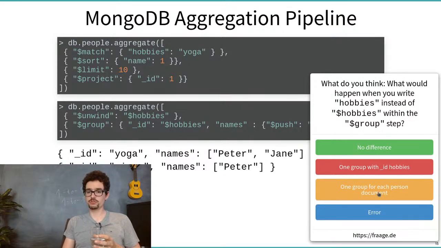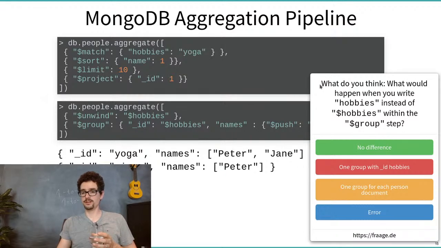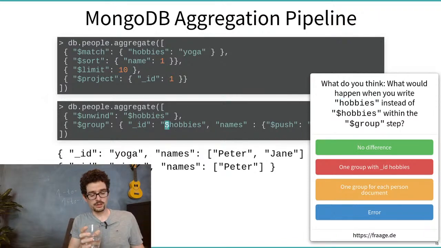I have a question for you, so please answer this on frage.de. What do you think? What would happen when you write hobbies instead of $hobbies? I don't expect from you that you need to know all details about the aggregation pipeline.